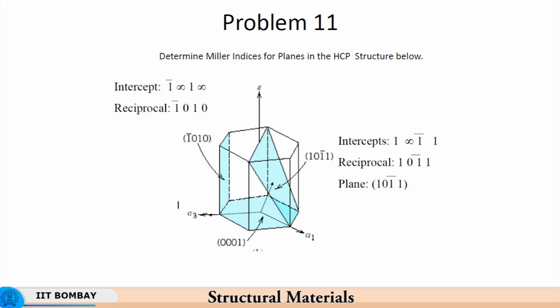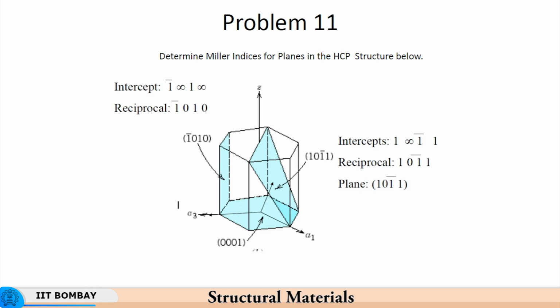For instance, you have Miller indices for planes in the HCP structure, where for this plane, the intercept is 1 for A1. For A2, it is parallel to A2, so the intercept with A2 is infinity. With A3, it is -1.